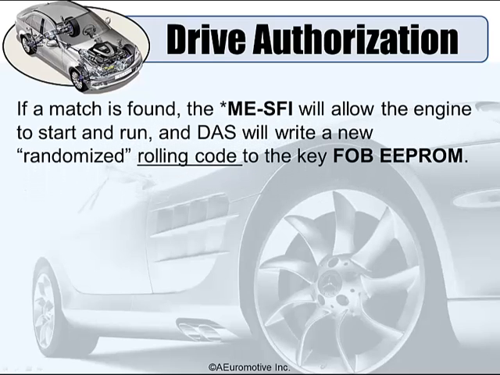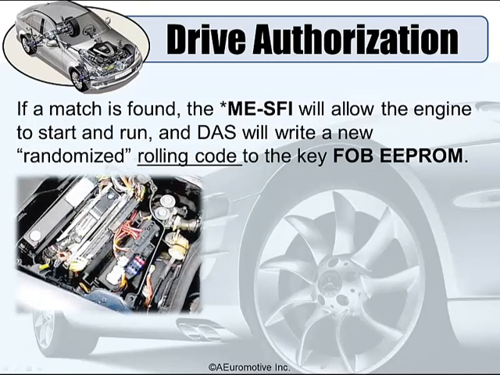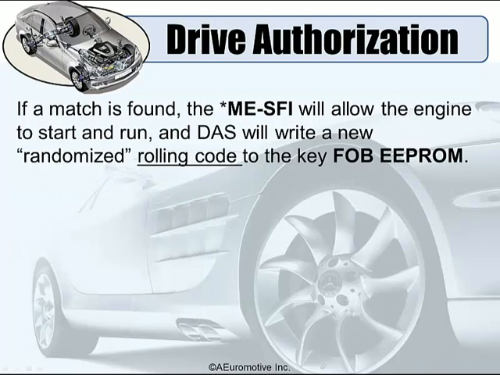If a match is found, the EIS allows the engine to start and run, and DAS will then write a new randomized rolling code to that fob EEPROM. There's a picture of an EIS within that pile of other control units.